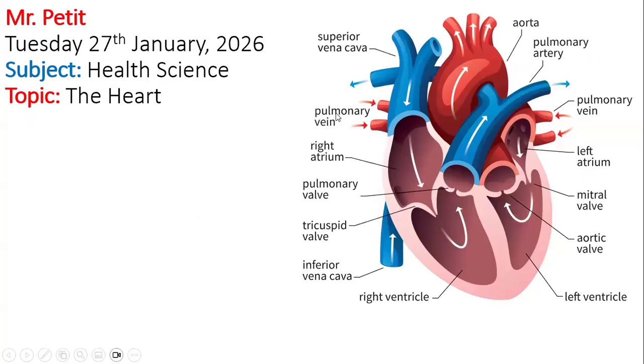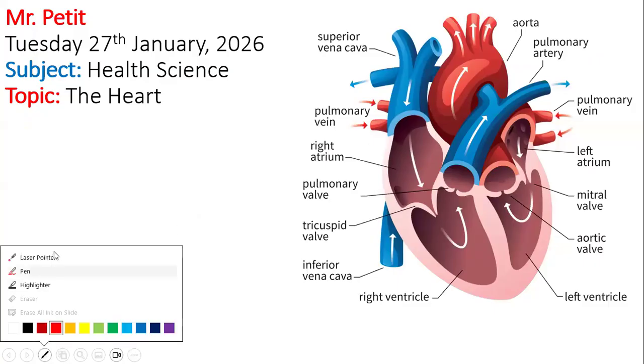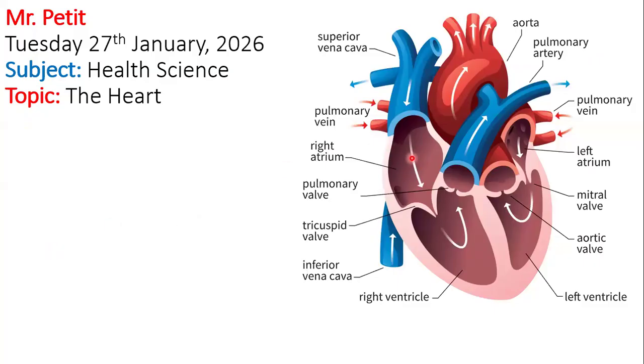So we know the heart has 4 chambers. The 2 upper ones, so this is the right atrium. Let me actually write on this, right? So this is 1 chamber, and this is the next chamber, number 2.